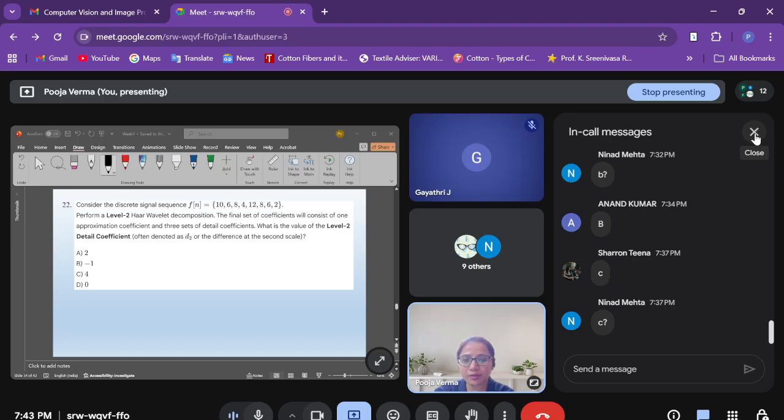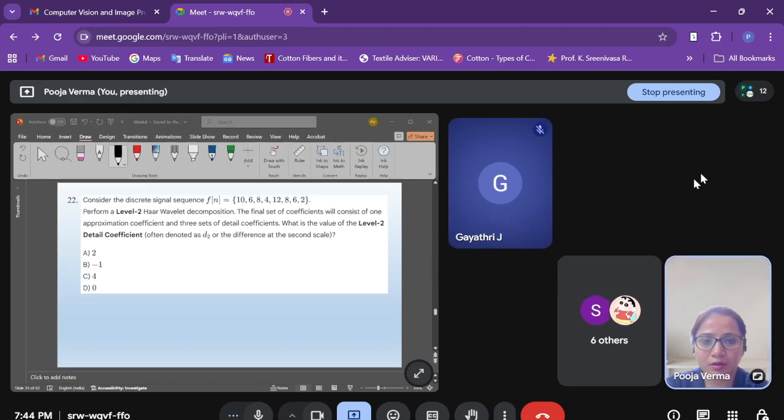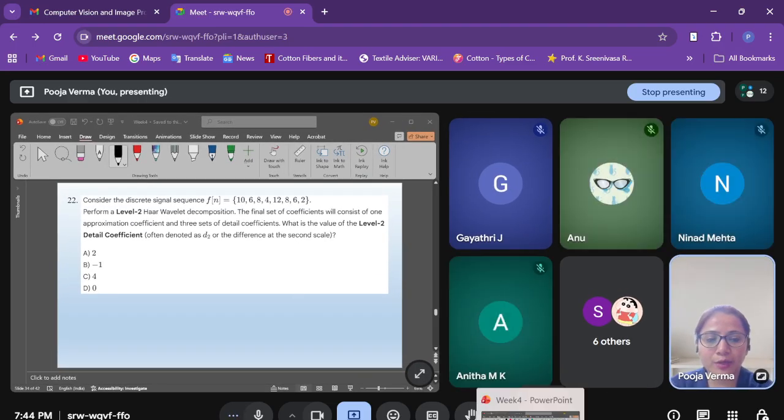We have already seen that in the Haar wavelet transform, we need to pair adjacent elements. So first we make pairs, then calculate the averages and differences of the given pairs.